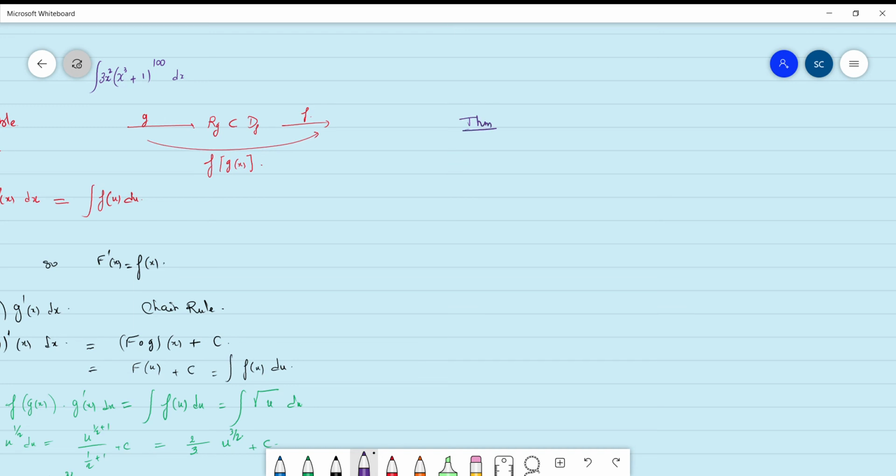It says that if you have g prime continuous, so the derivative g prime is C0 on [a,b], f is continuous, f is C0 on the range of g, and u is g of x, then look what happens.